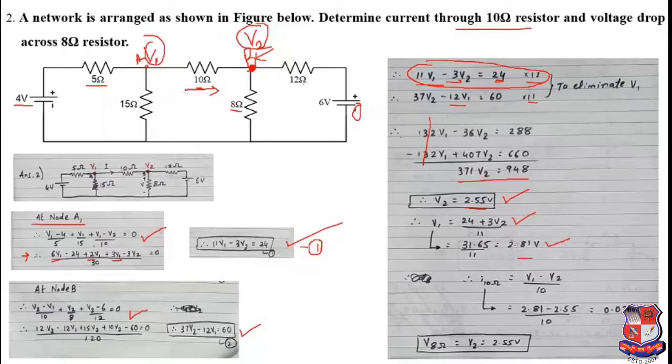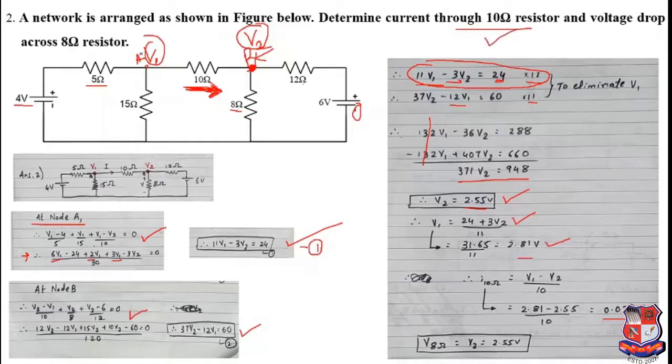So current will be flowing from higher potential to lower potential. So let us assume the direction from higher potential to lower potential. So when we consider this, it is for sure that we will be getting the positive answer. Okay. So (V1 minus V2) by 10 will give me 0.032 amps. Okay, ampere. So we have found the current.